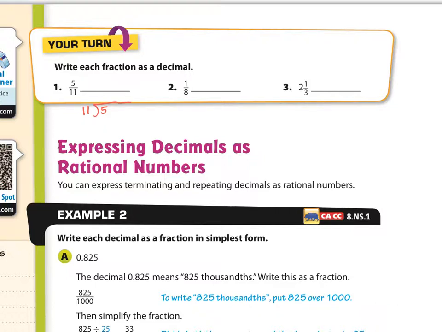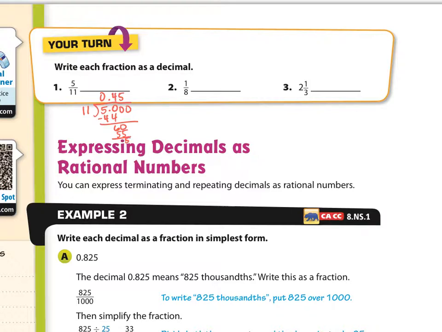Okay, that 5's inside there when we're doing our long division. Since 11 goes into 5 0 times, let's add some zeros after the decimal and bring this decimal up. Okay, 11 goes into 50 4 times. 4 times 11 is 44. Bring down 6. Then 11 goes into 60 5 times to get 55.